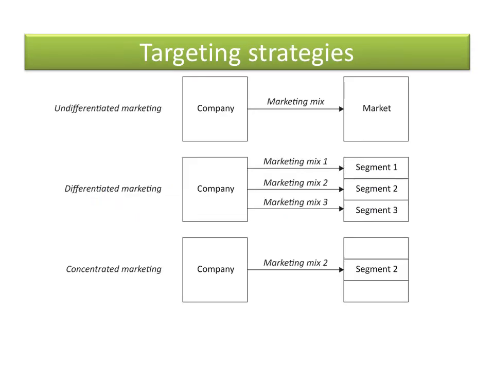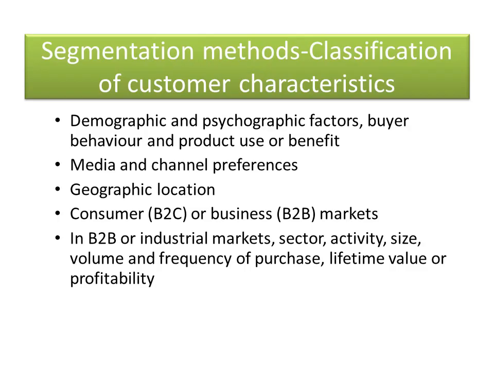I think this diagram explains it much better. We sell the same product mix to everybody, the whole market, or we have a different product for each segment, or we simply have a product that's developed for one segment and we completely concentrate.